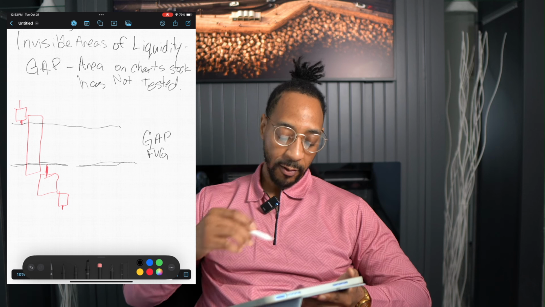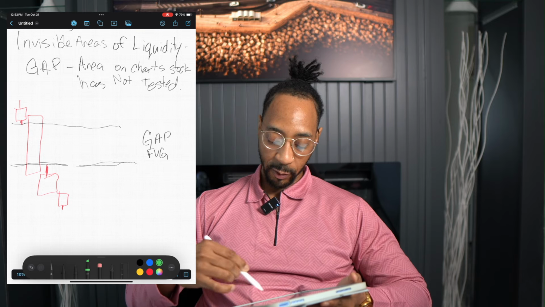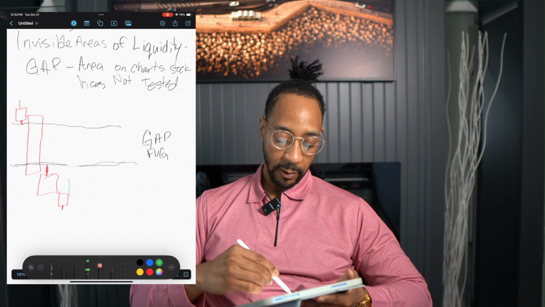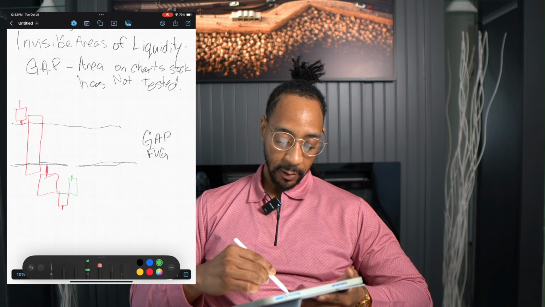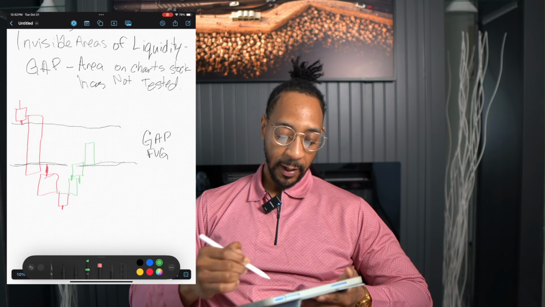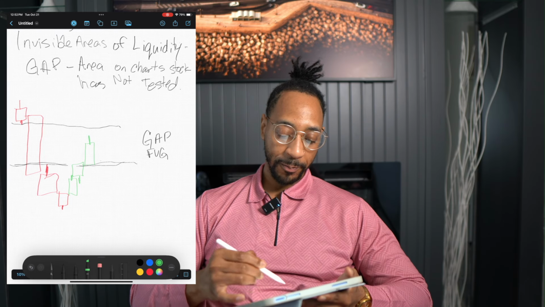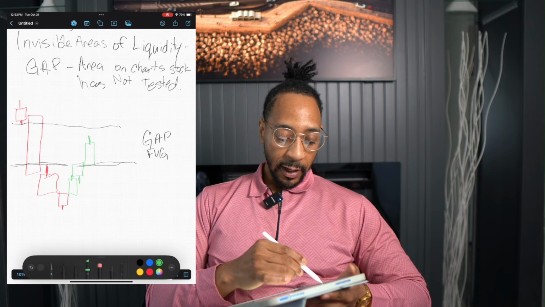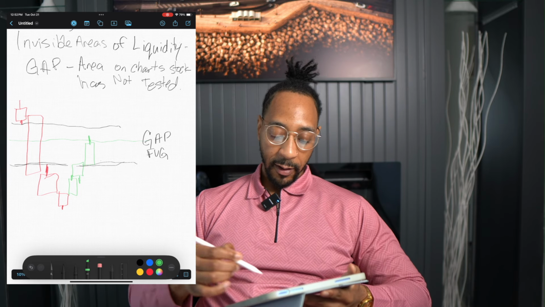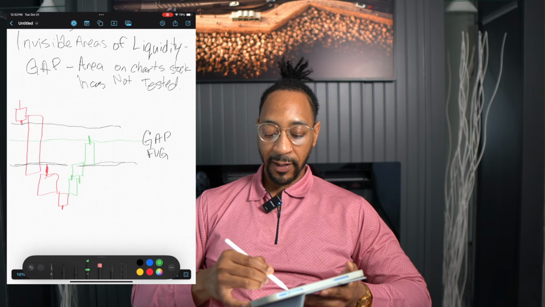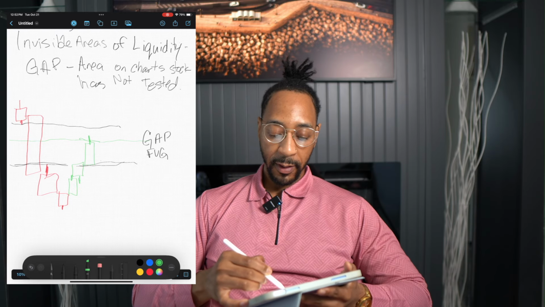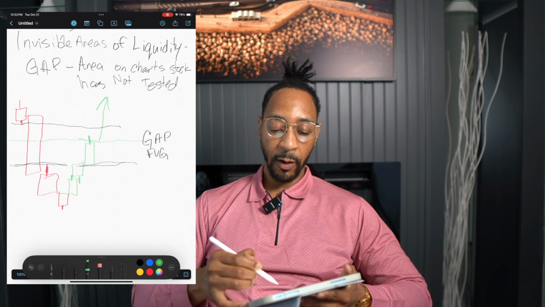All right, now what's probably going to happen is we're going to see some green candles, right? Come like this, come like this, come like this. And the same exact thing, right? If it comes in this gap right here, and if it gets above the middle of the gap, then it will most likely go up.